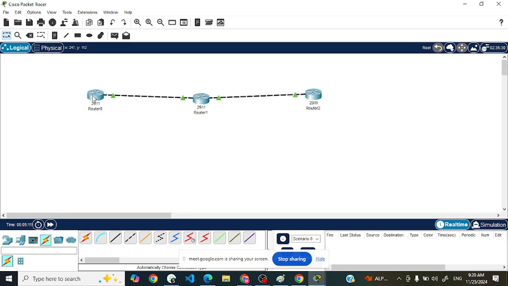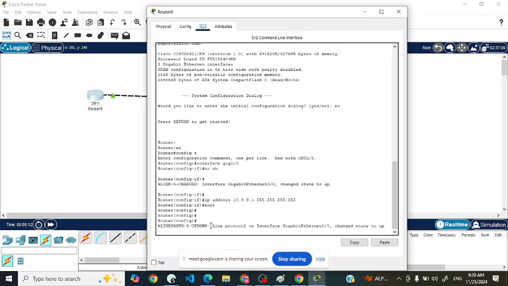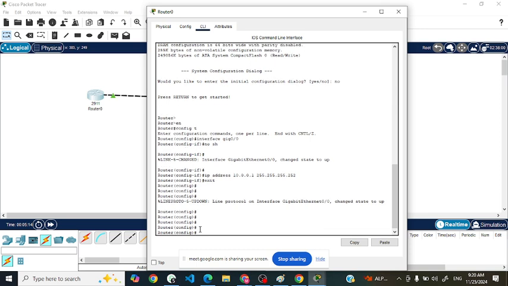Now, guys, here I am going to configure the static routing. For static routing, the command will be ip route 11.0.0.0. For this network, what will be the subnet mask? 255.255.255.252.